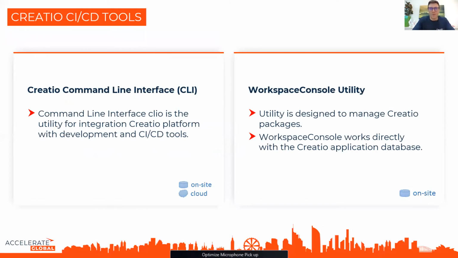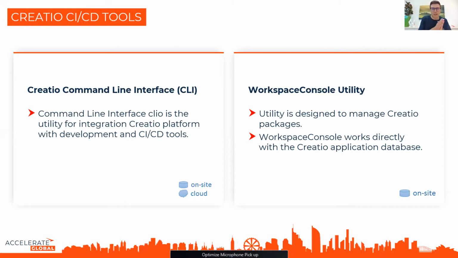Okay, and let's have a look at the available continuous integration and continuous delivery tools for Creatio. Basically, we now have two possible options available. The first one is the Creatio command line interface, which is named Clio, and it is a tool and utility for integrating the Creatio platform with development and CI/CD tools.